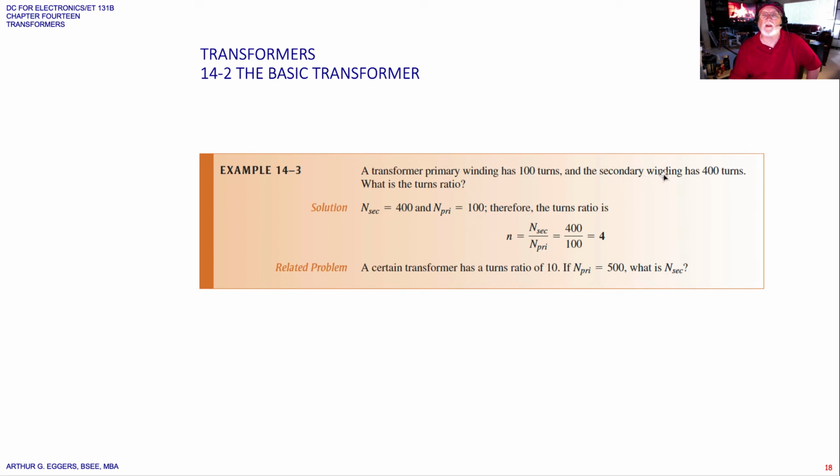The secondary winding has 400 turns. So you can see 100 to 400. What is the turns ratio? Since we've identified them as secondary and primary, 400 to 100, we put it in the relationship. The secondary divided by the primary gives us a turns ratio of 4 in this case.